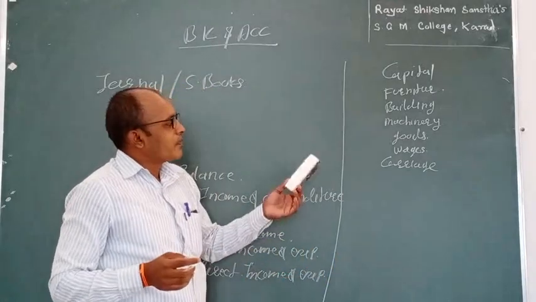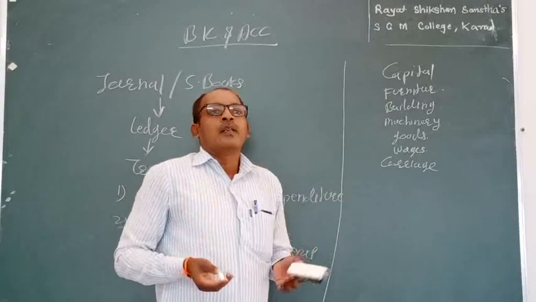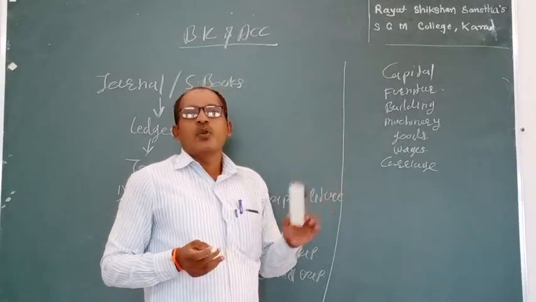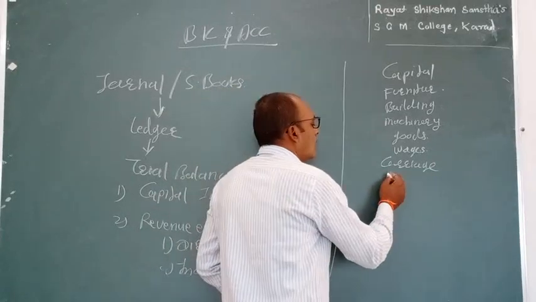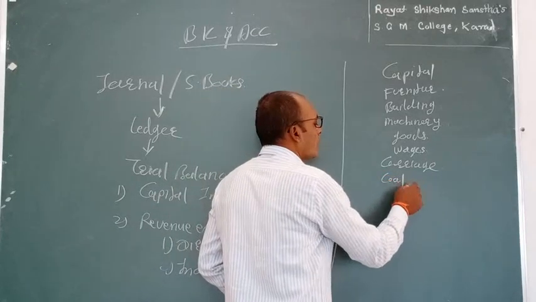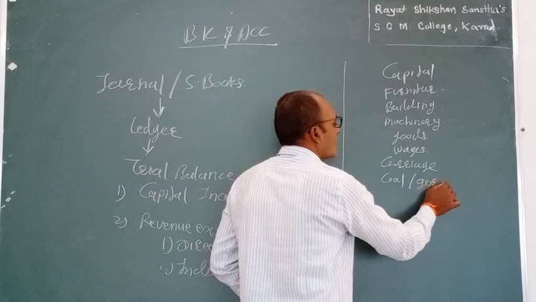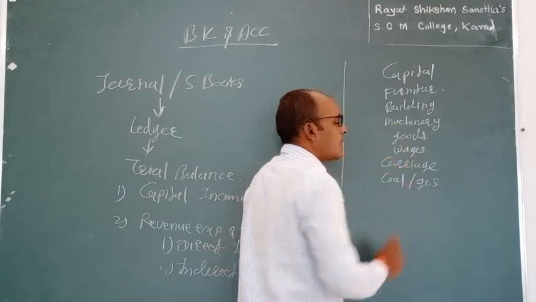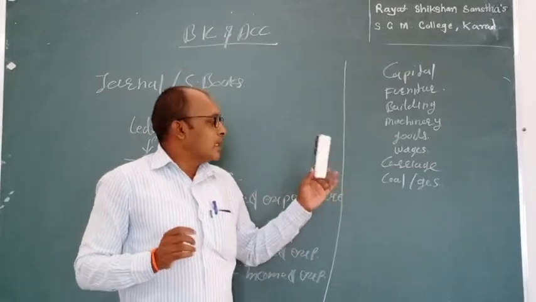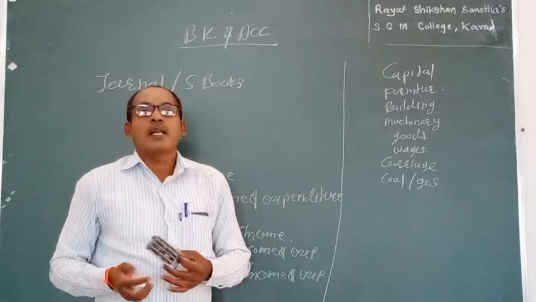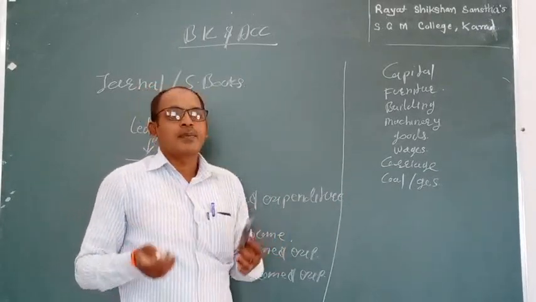And then in the factory, motive power, lighting, coal, gas, etc. are used. In this stage, the product is made, then this product is sold in the market. In that step, some expenditures are incurred.